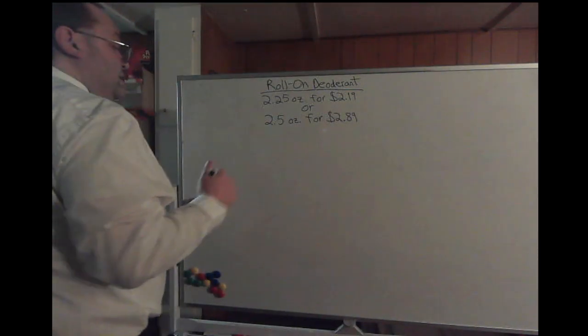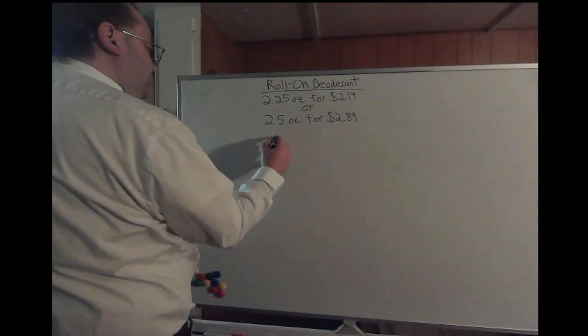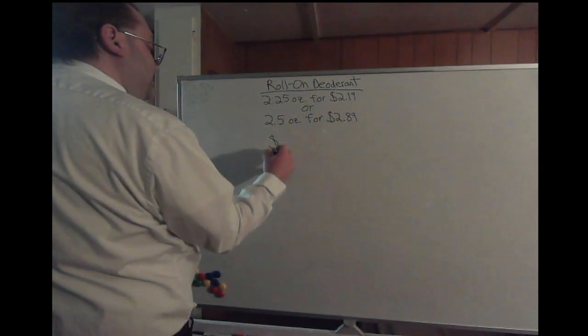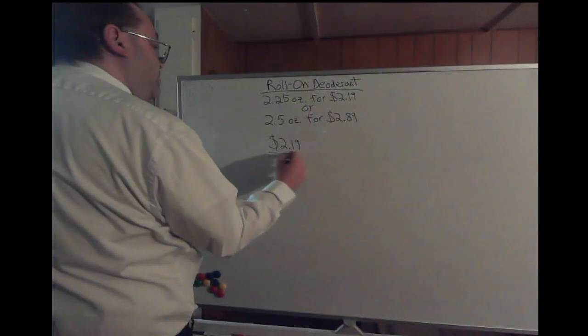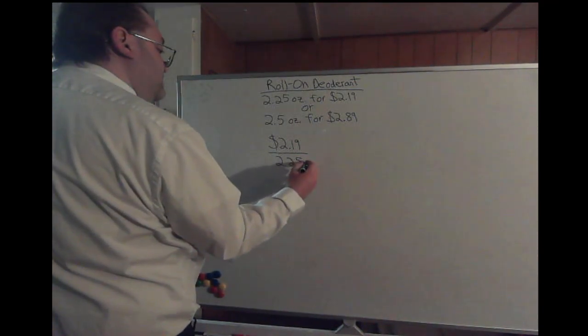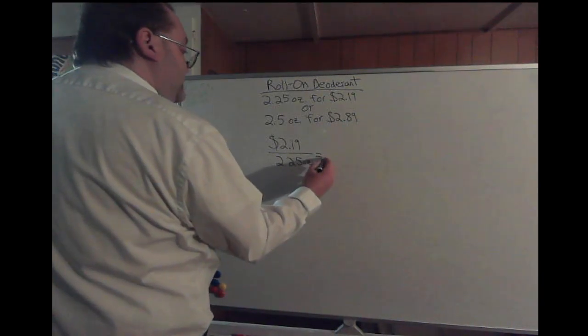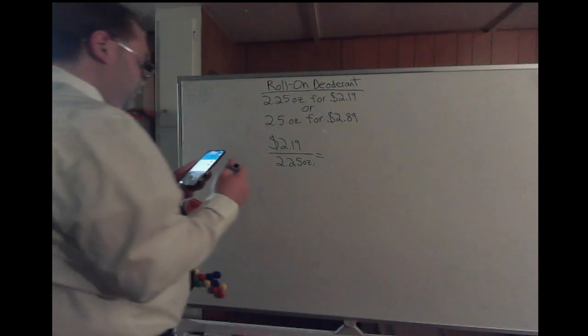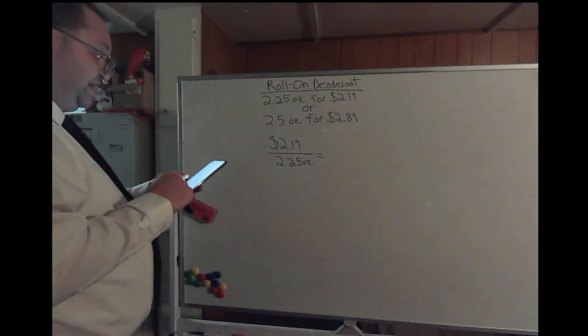Okay? So the first one, you want to know how much it's going to be per ounce. So for the first one, it's $2.19 for 2.25 ounces. So all you've got to do now to get your unit price, what it is per ounce, is take that 219.